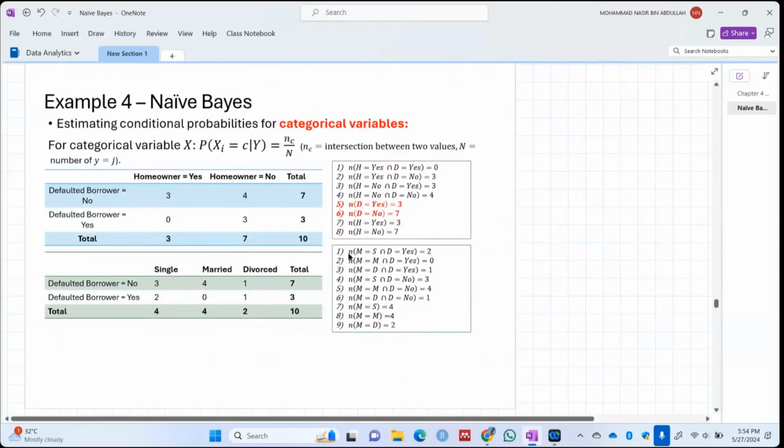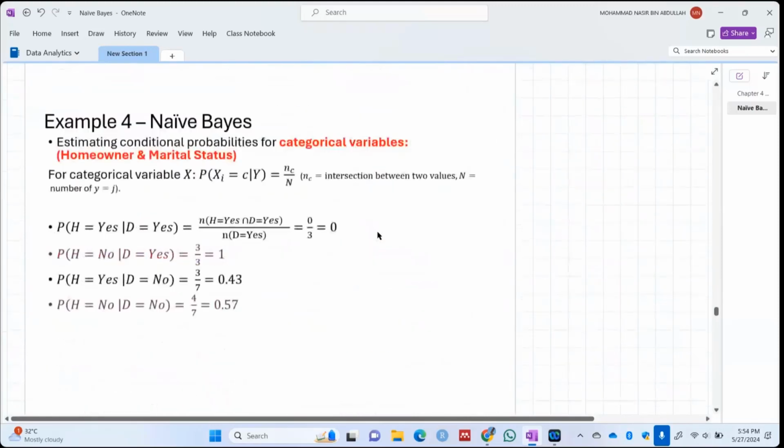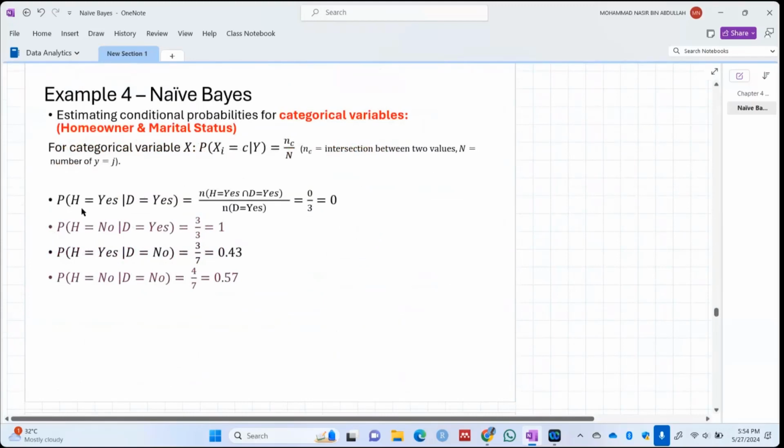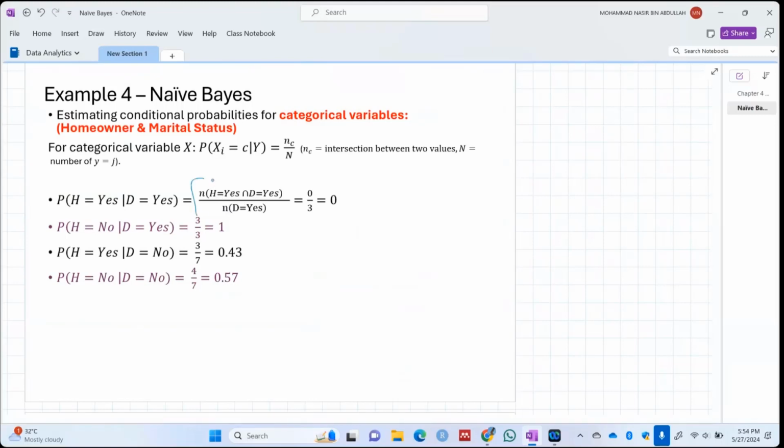So if you want to find the probability of H equal to yes given D equal to yes, we just take the number of intersection divided by the number of outcome. This is based on conditional probability. Remember conditional probability, it's the same thing. I think you already know. Just to emphasize.